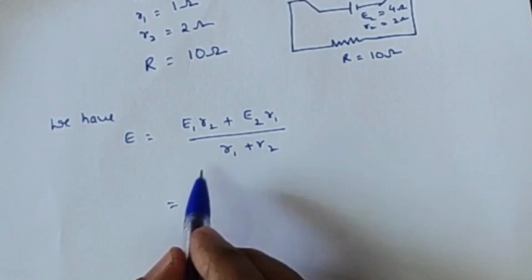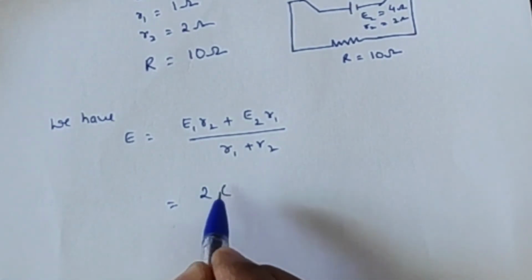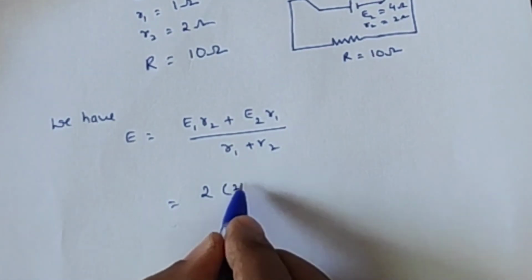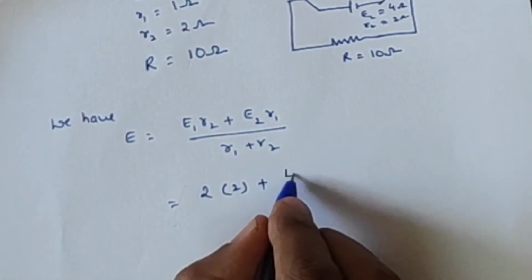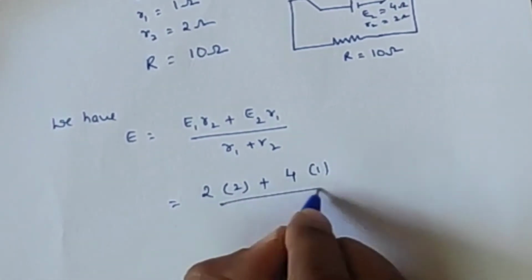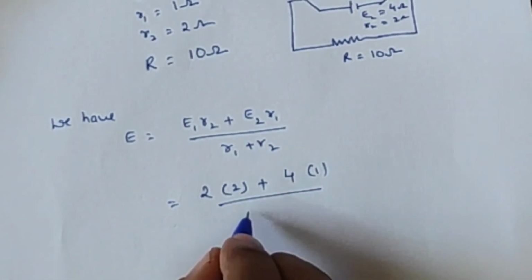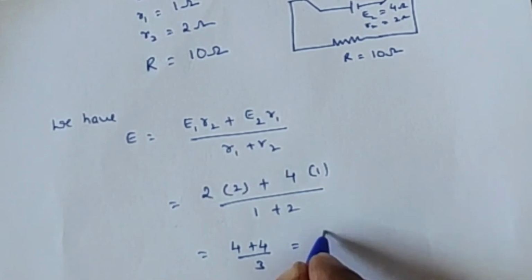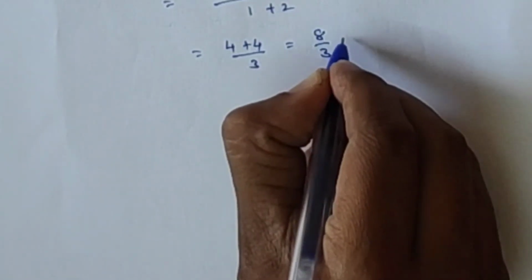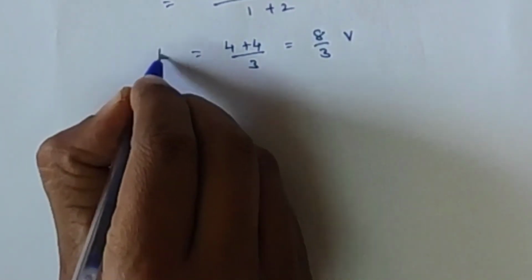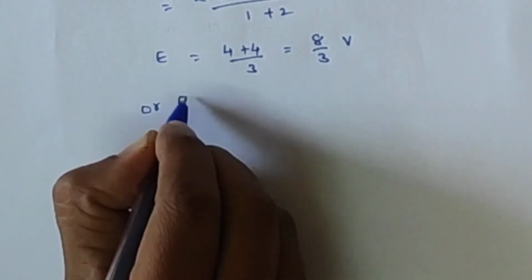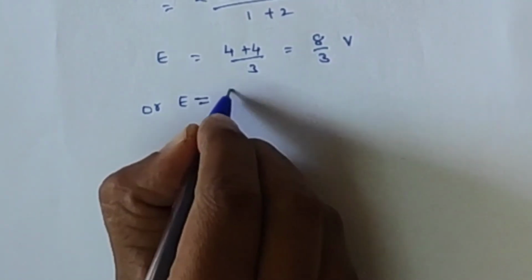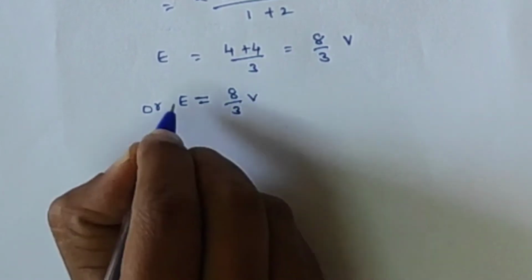So E1 is 2, R2 is also 2, plus E2 is 4, R1 is 1, whole divided by 1 plus 2. This is 4 plus 4 divided by 3. So this is 8 by 3 volt. Or E equal to 8 by 3 volt.